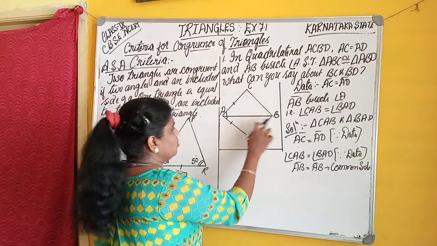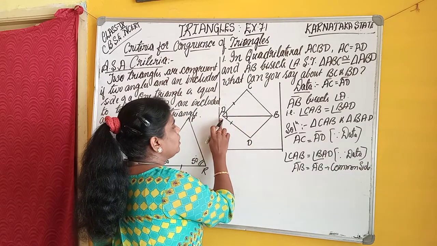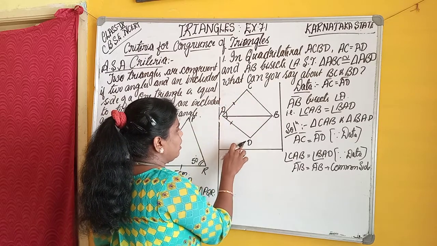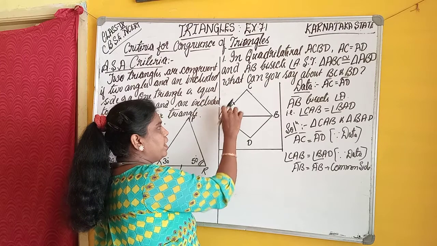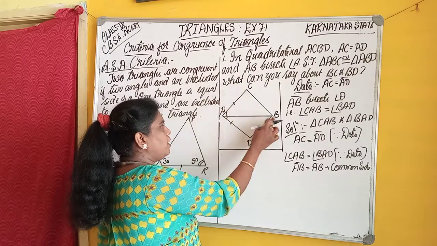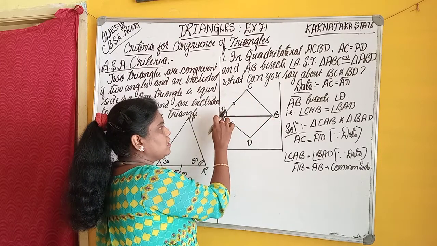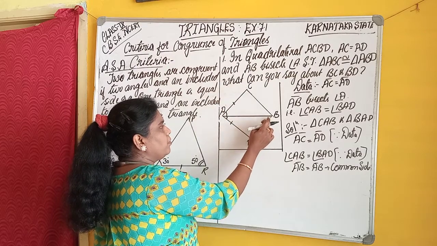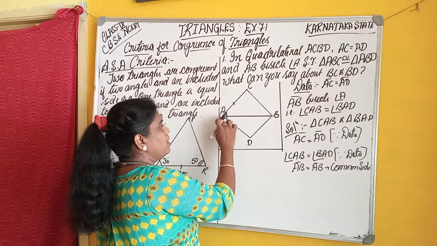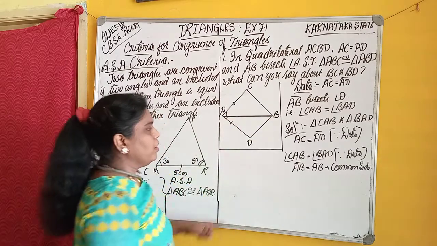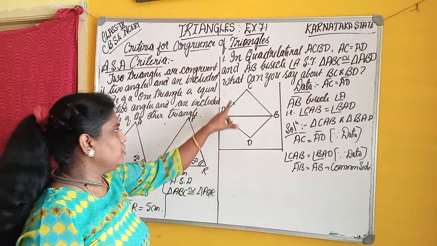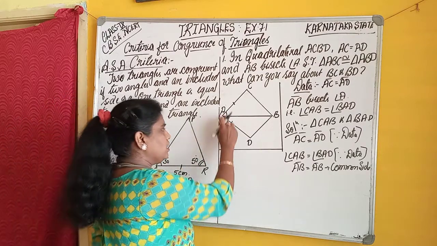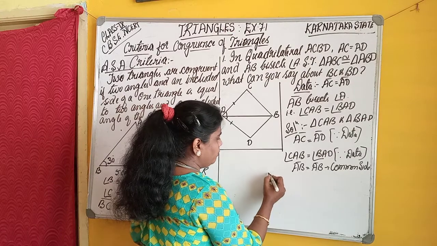What we got? One side AC, another side AB. The included angle of these two, AC and AB, is angle CAB. The included angle formed by BA and DA is angle DAB. Then both are equal. Therefore, we came to know that two sides and an included angle are equal.